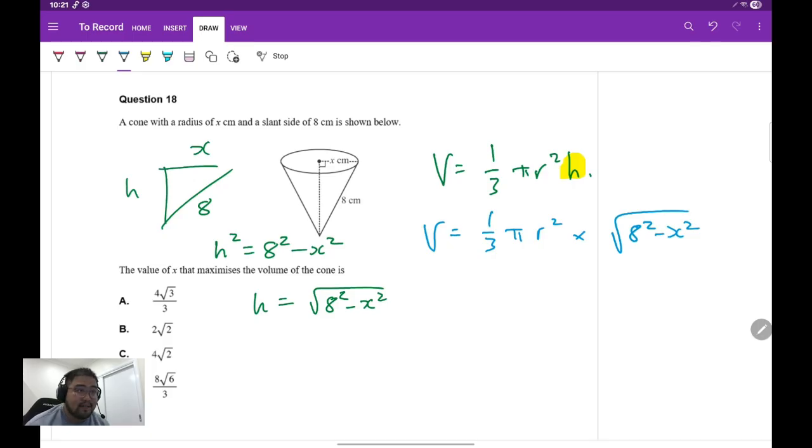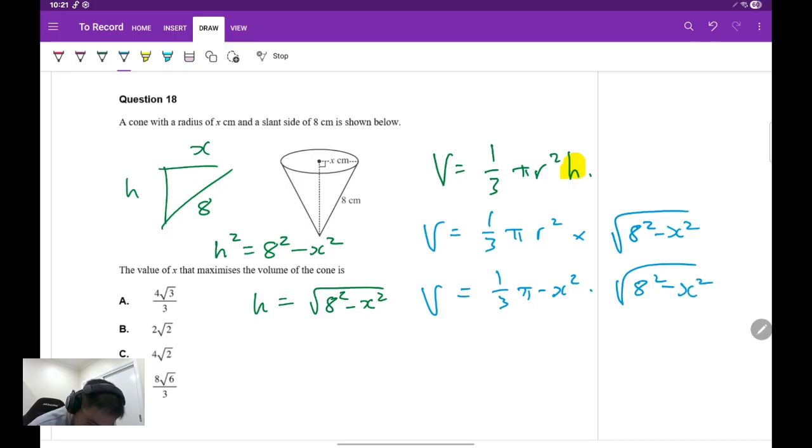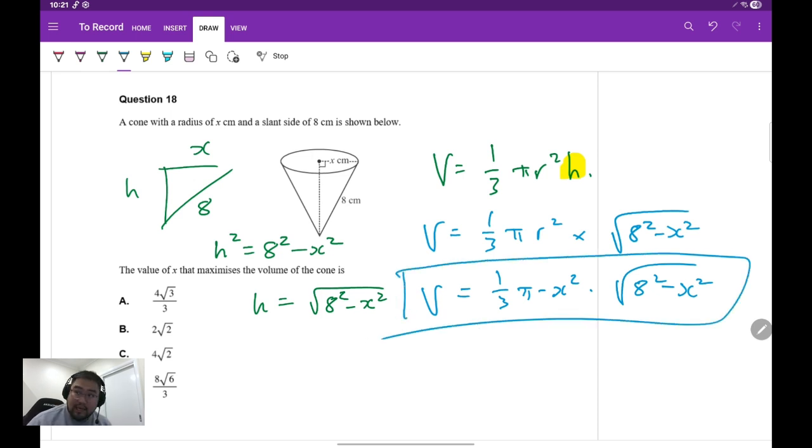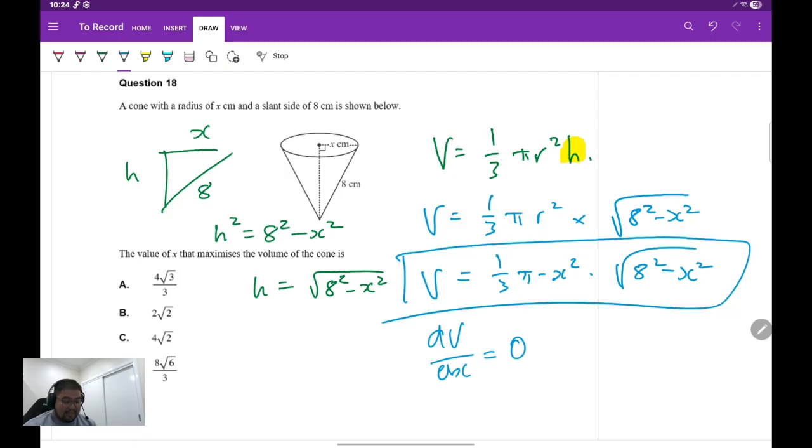So since we've got x here, why don't we substitute: V is equal to 1/3 pi x squared times the square root of 8 squared minus x squared, and then we solve. So from this point, we've got our formula for the volume of a cone. Now we want to solve when dV/dx is equal to 0, because that'll give us a turning point.